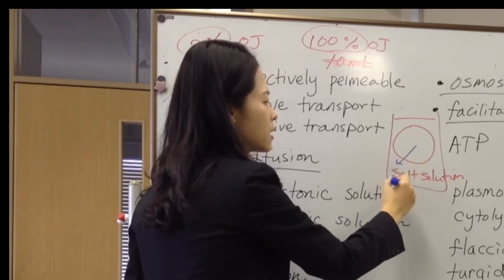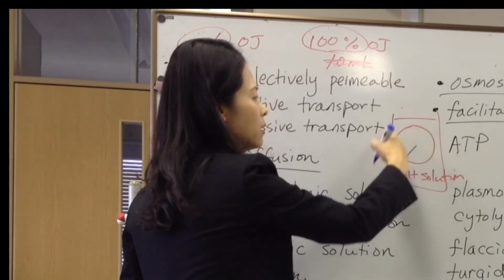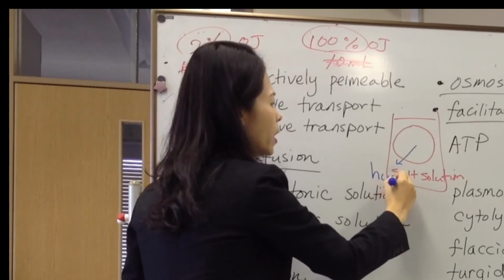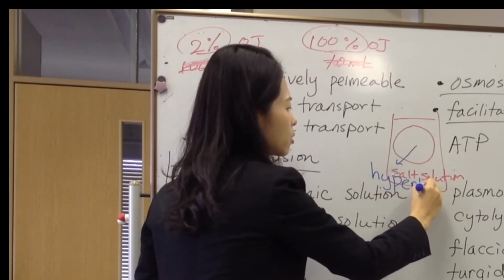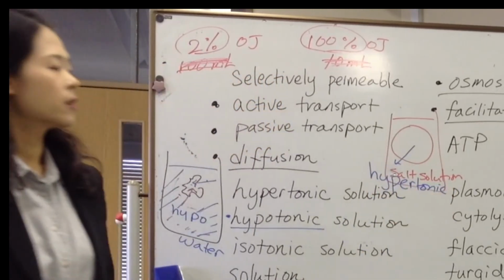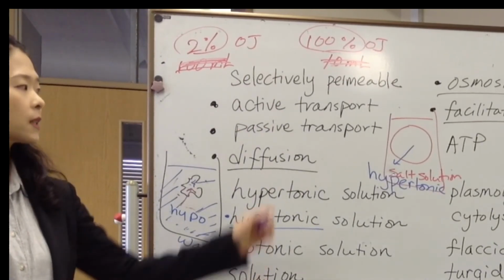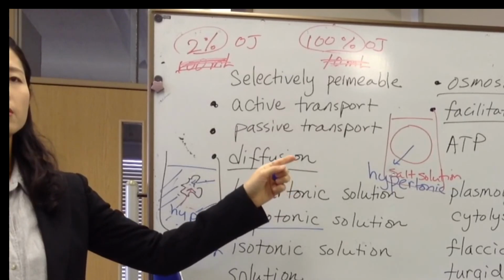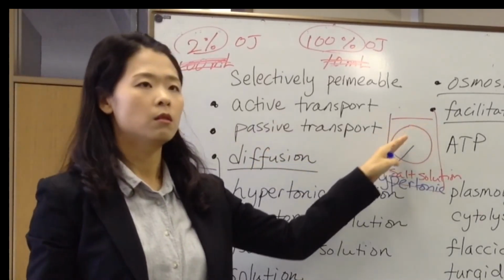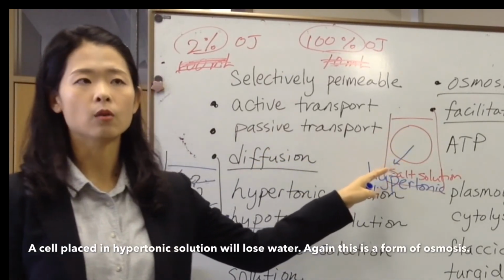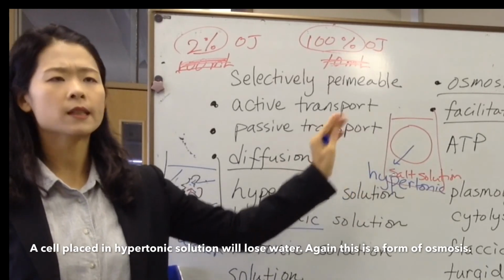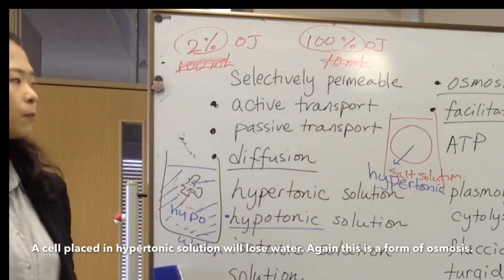The cell is sitting in a hypertonic solution. Okay? In this case, water moves from the cell to the outside. And that's, right, this is logic. Okay? So it's comparing.